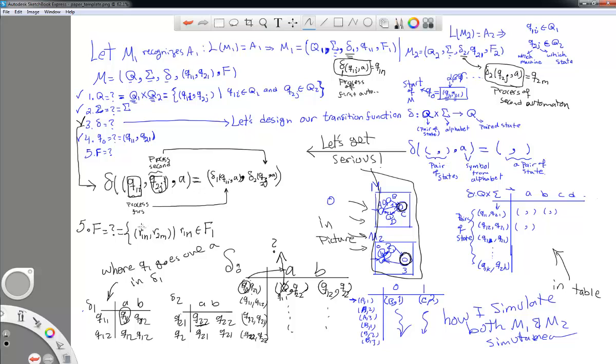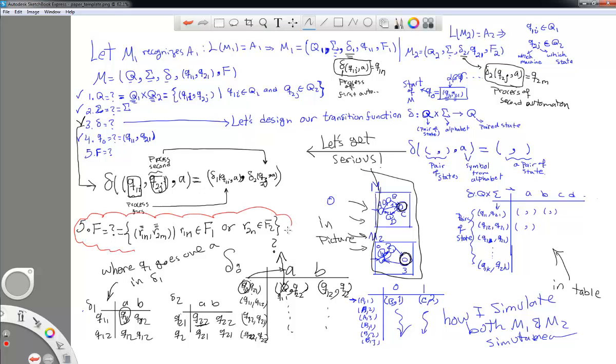So if either one of the members is a member of an accept state, or if R sub 2 m belongs to F sub 2, if that were the case, then I accept. If not, then I reject that string.